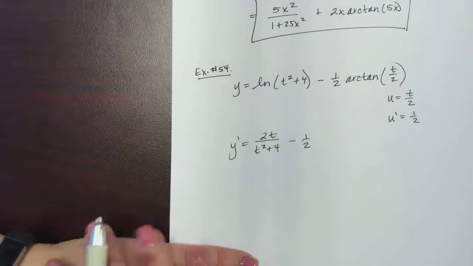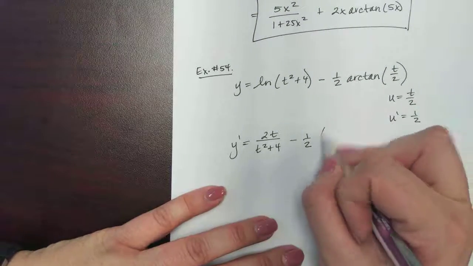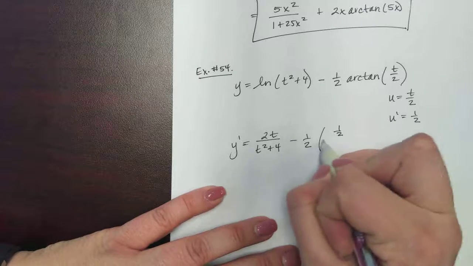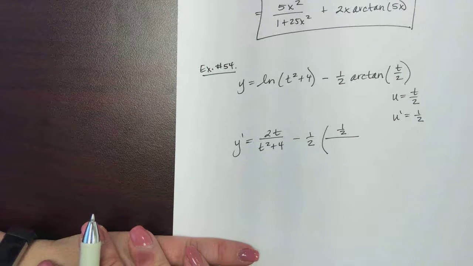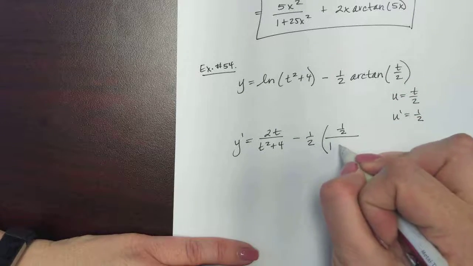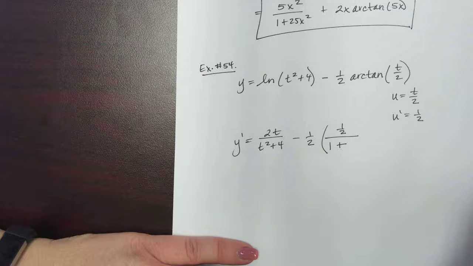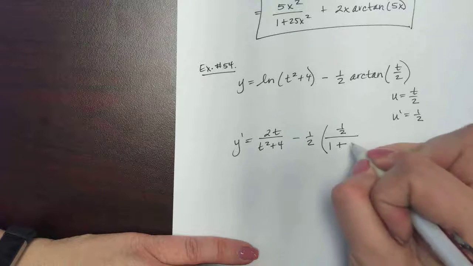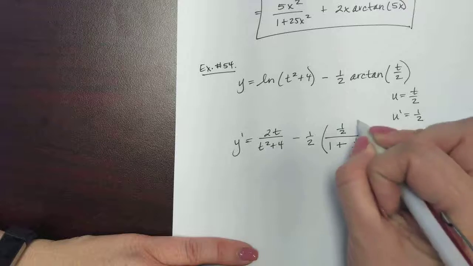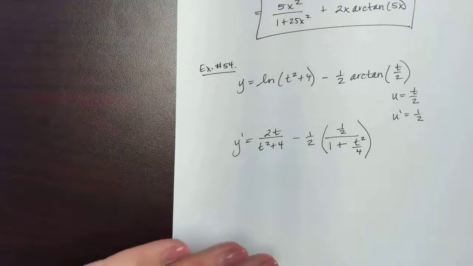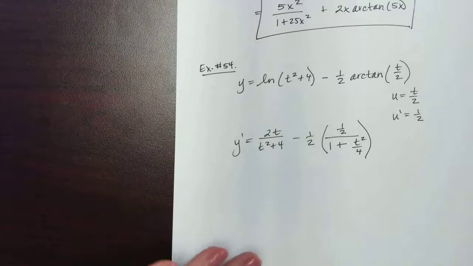The derivative of arctangent is u prime, which is 1/2, all over 1 plus u squared, which is going to be t squared. Okay? Here's where we need to find some common denominators.